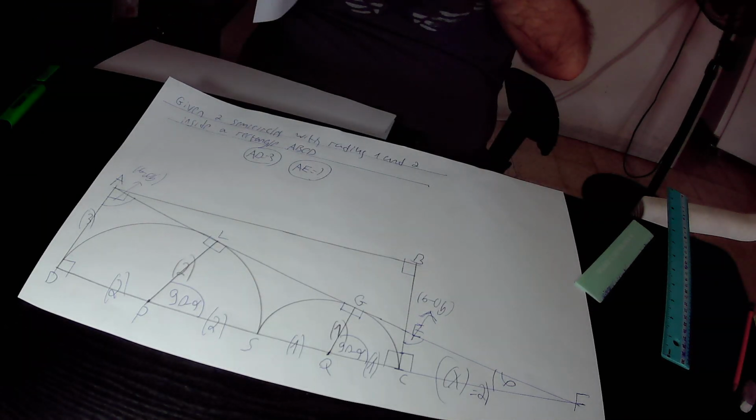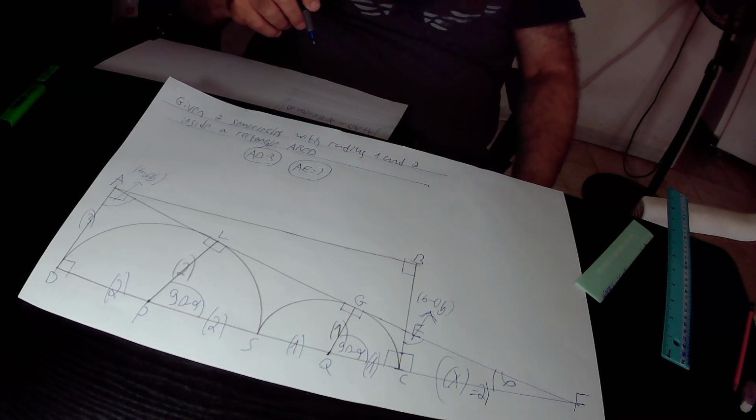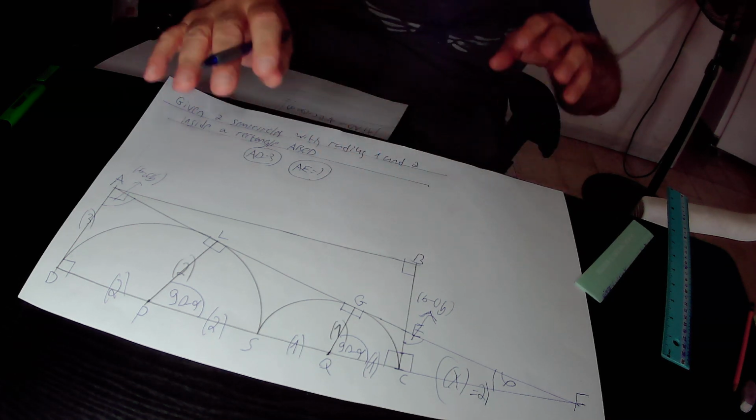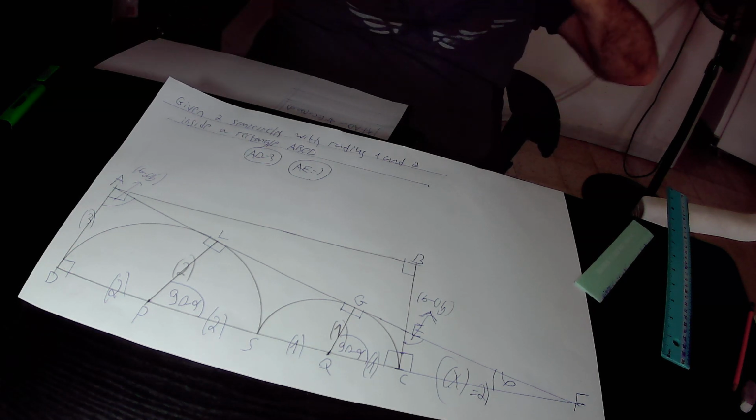So we actually proved that all the angles in the big right triangle ADF are correspondingly equal to all the angles in the small triangle ECF. Therefore those two right triangles are similar to each other according to the angle similarity rule.